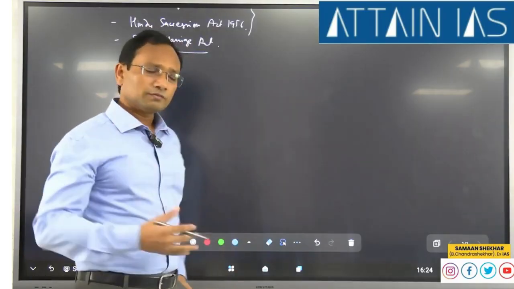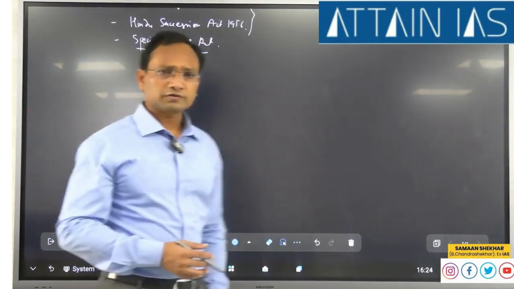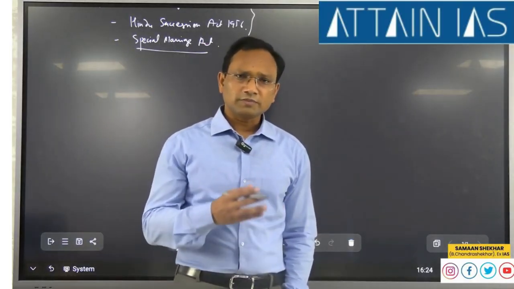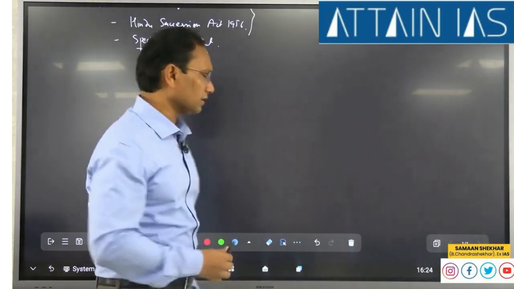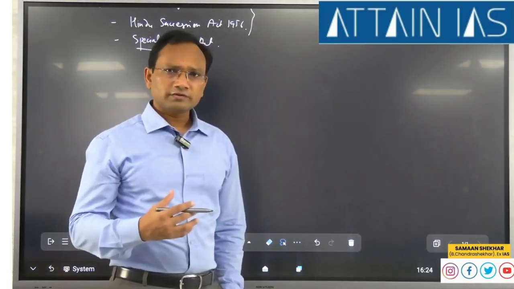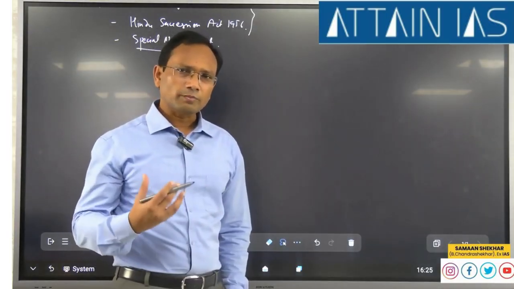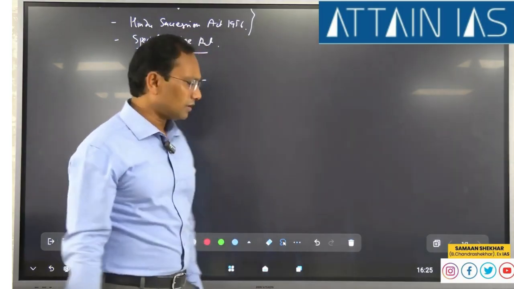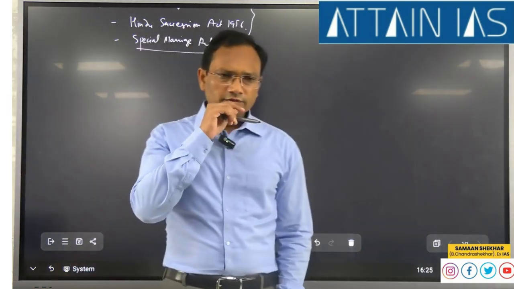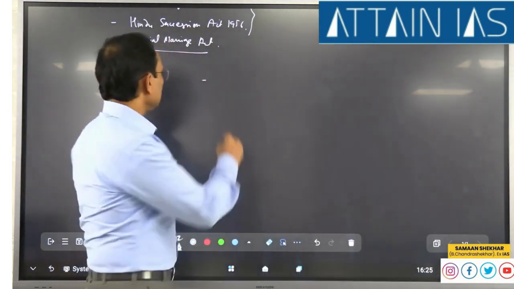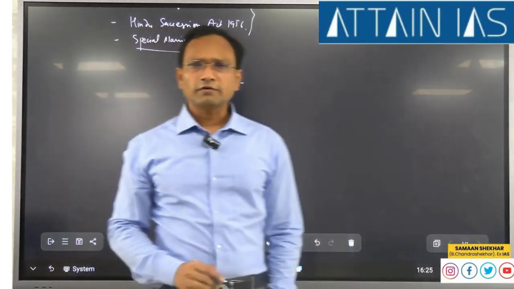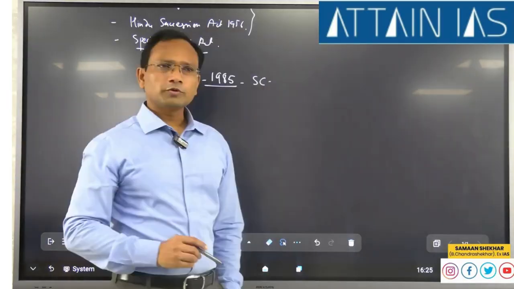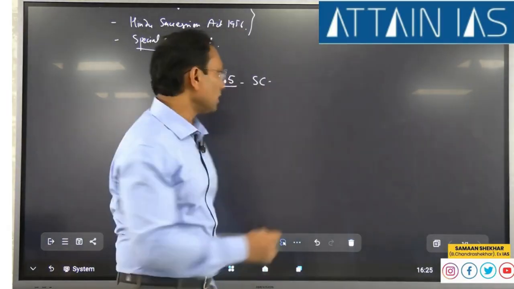Let us see what has happened during the last seven odd decades after independence in this context. And let us also see how things got more and more complicated by certain events that happened in the past. Let us go to 1985, where we have a very important Supreme Court judgment, which is popularly known as the Shah Bano case.